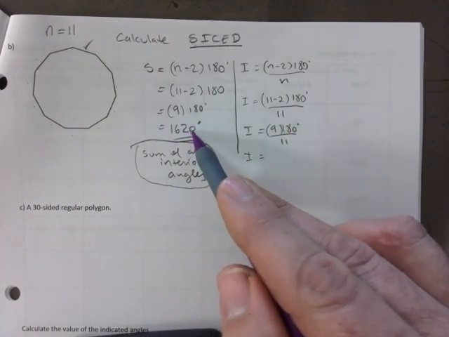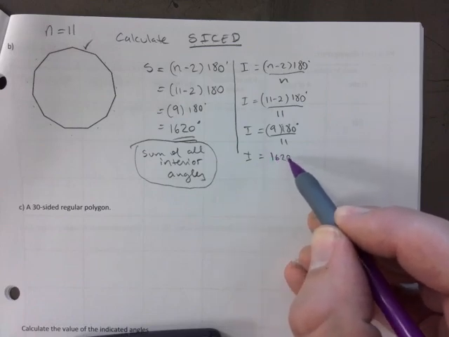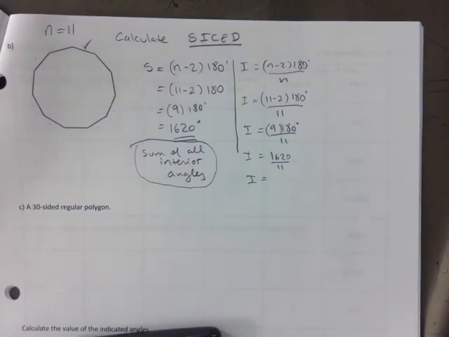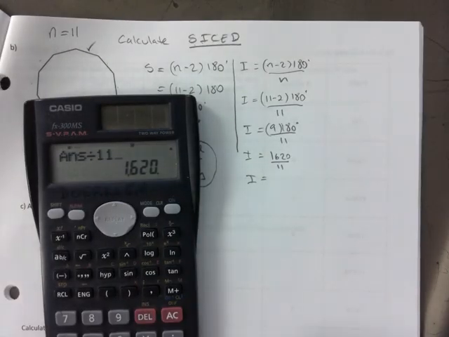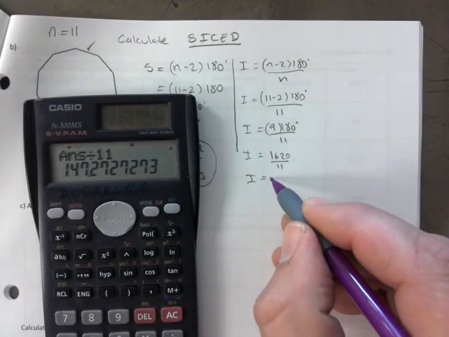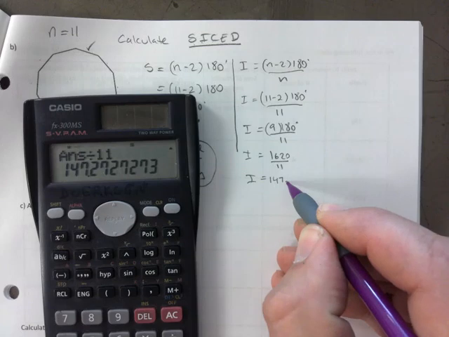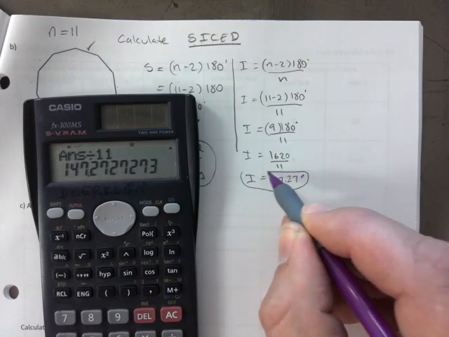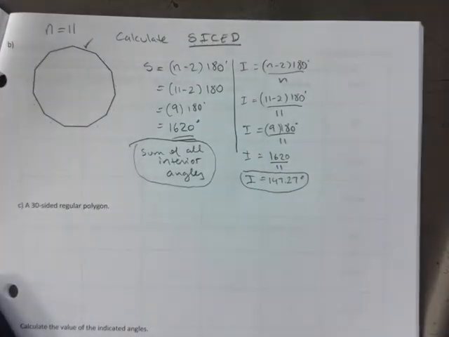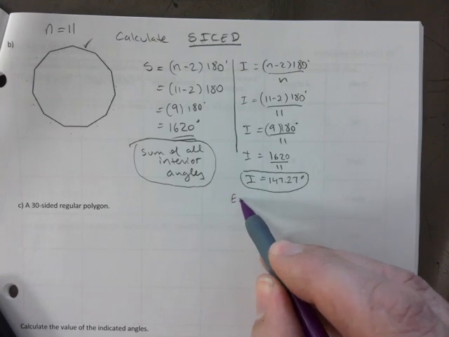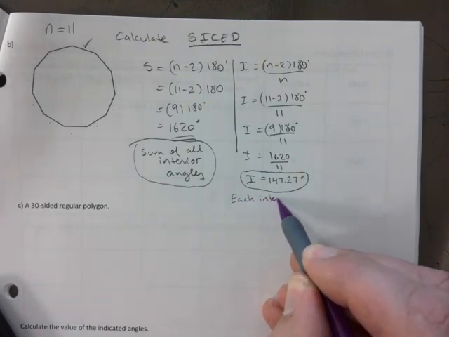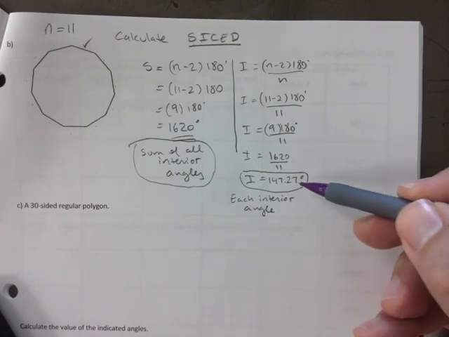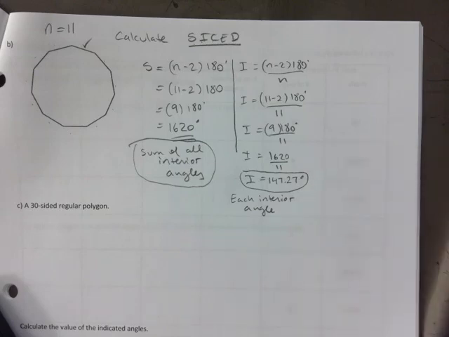It's 1620. So you just take the 1620, divide it by 11. I have this on my screen still on the calculator. I'm just going to divide it. And yes, you do get decimals sometimes. Don't forget your degree symbol if you want full marks. Okay? So each interior angle measures 147.27 degrees.